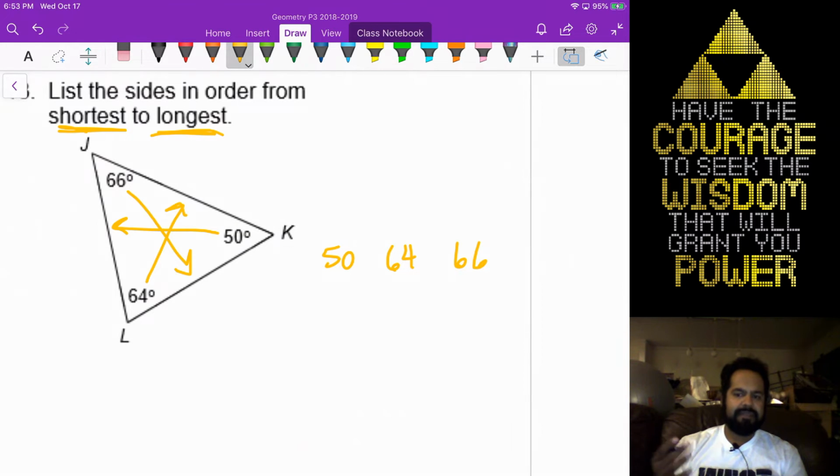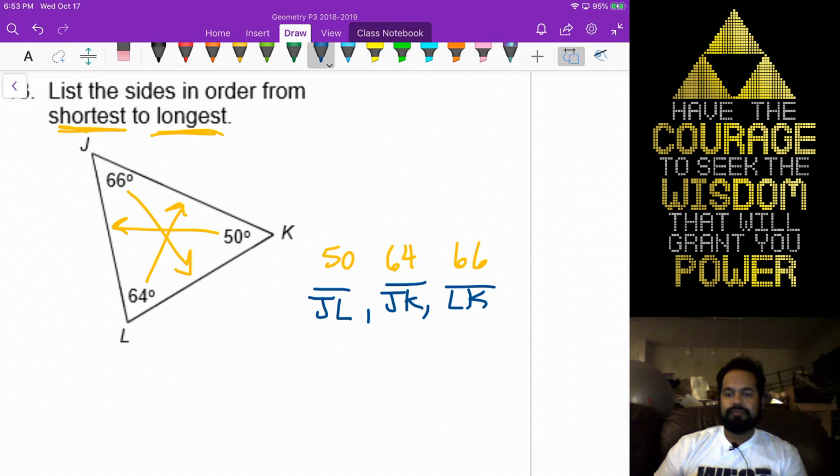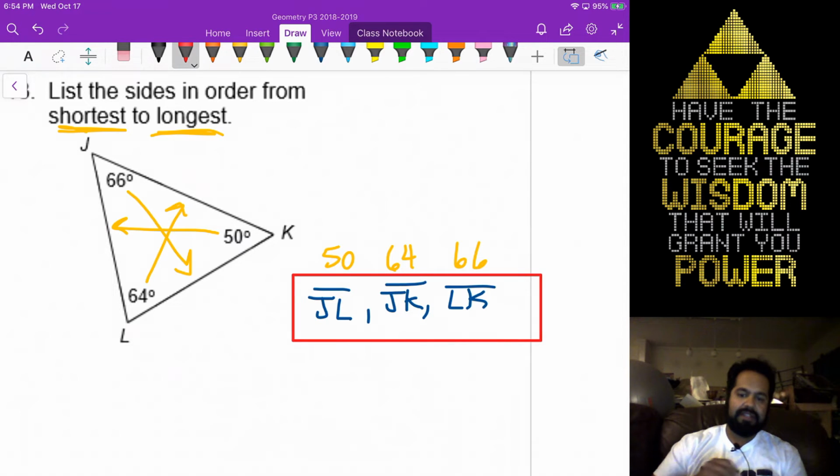And then what I'm going to do is say, hey, that 50 is pointing at side JL, or LJ, whichever you want. The 64 is pointing to the JK. And then lastly, 66 is pointing to LK. All right. And so there are our sides listed in order.